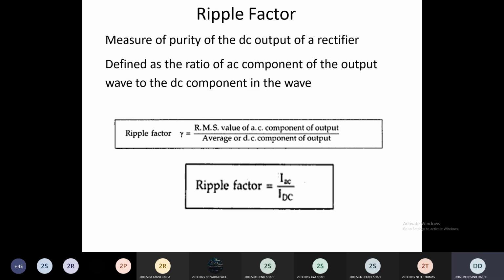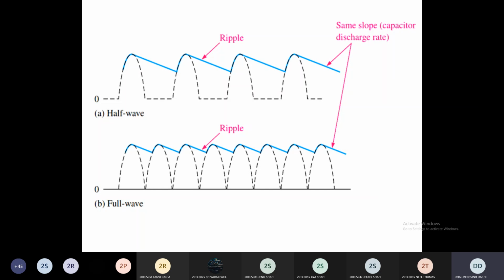You can write it mathematically as IAC divided by IDC, and mathematically you derive this equation. This is a waveform of ripple. You can see the ripple in the half wave and full wave rectifiers. It is the same as the charging and discharging of a capacitor. It will look this way. So this is called a ripple in your output voltage. This is first for half wave and the second for full wave rectifier.